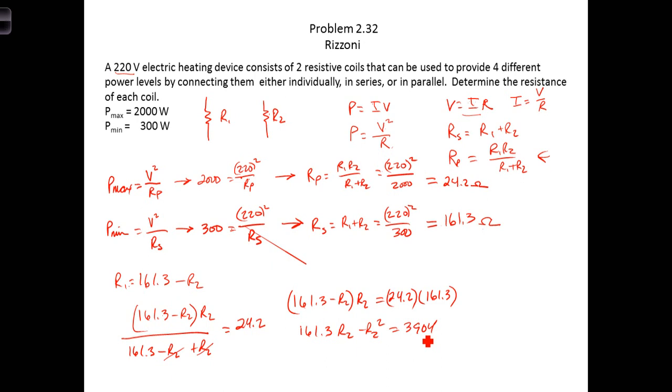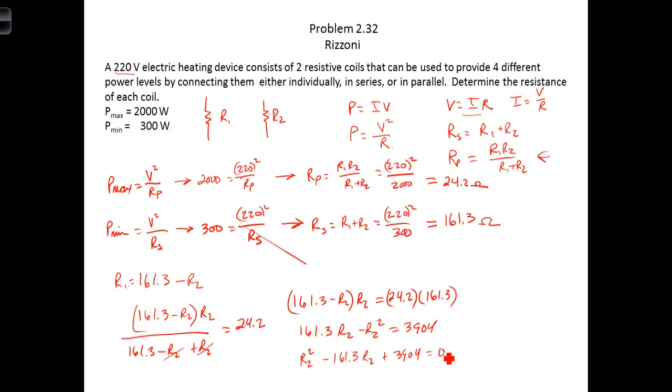Alrighty, we have a quadratic equation. There's going to be two different values for R2. To solve this, we get all the non-zero terms on one side of the equation and then plug it into the quadratic formula. When we do that, first of all, we get R2 squared minus 161.3 R2 plus 3904 equals 0.